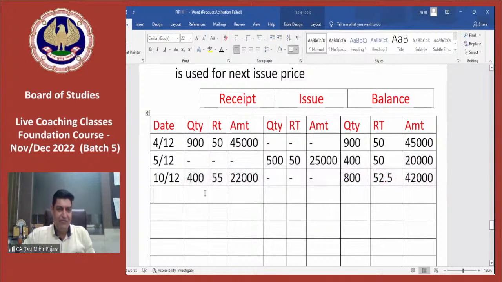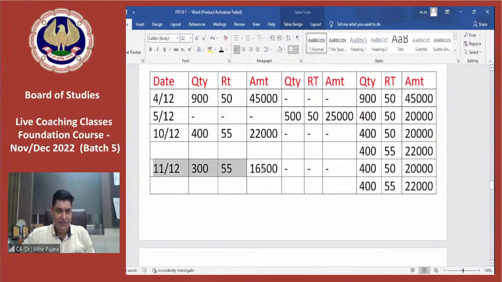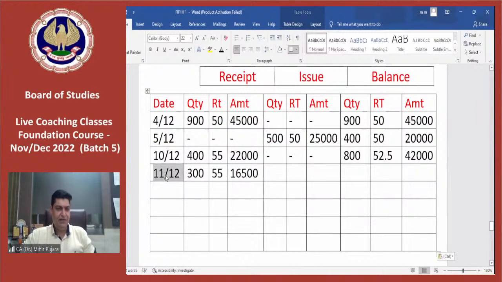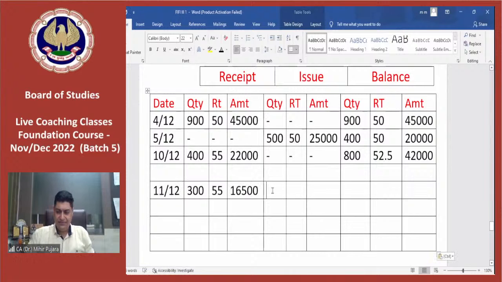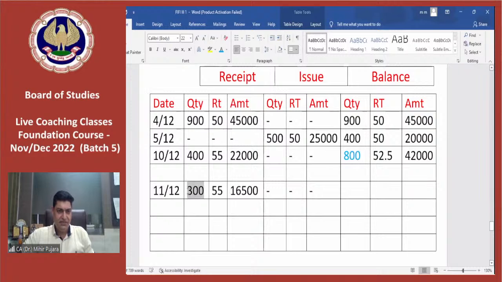Fine. After 10th, what is the next one? 11. One more purchase. Same story, guys. Units plus units, 1100.